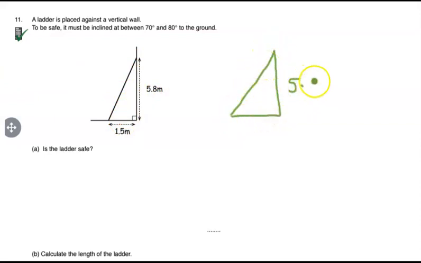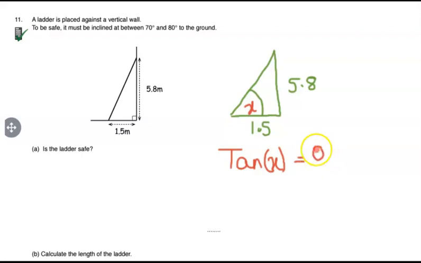This is 5.8. This is 1.5. And it's asking to find this angle x. So what you do, you have to use TOA. You have to use tan x equal to opposite over adjacent. What is opposite? Now you put the values.